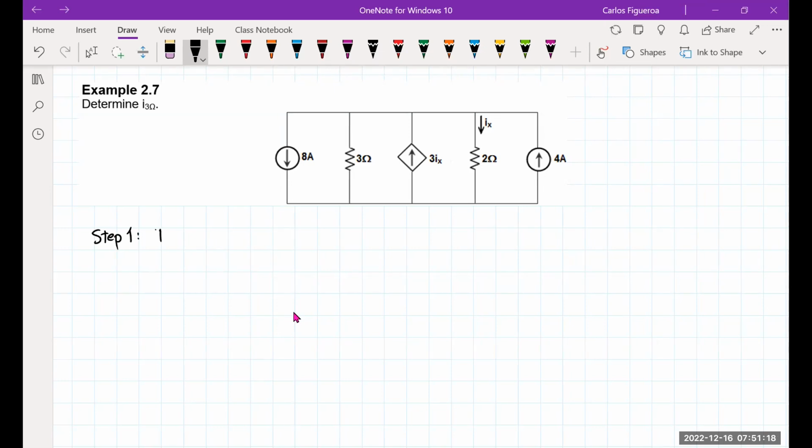I'm going to treat the current controlled current source, in this case 3ix, as a regular current source.